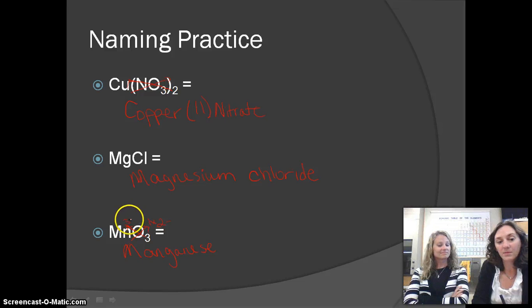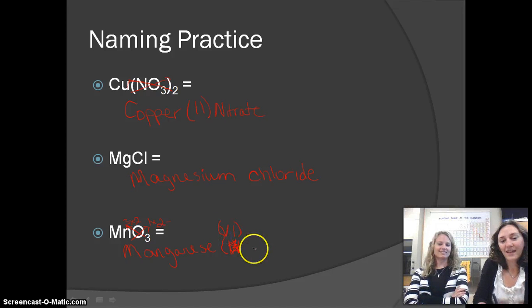That means you have to multiply this one by 2 as well. It's tricky. That's going to give you manganese 6. Oh, wrong way. VI. Let's do that again. VI. That's much better, so that we are clear. Okay, and then oxide.